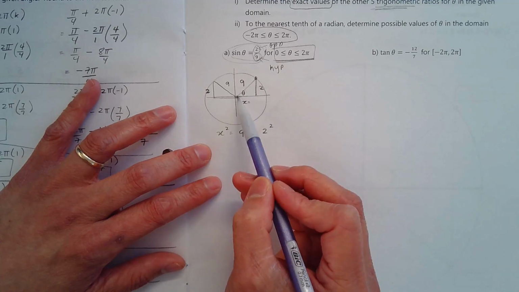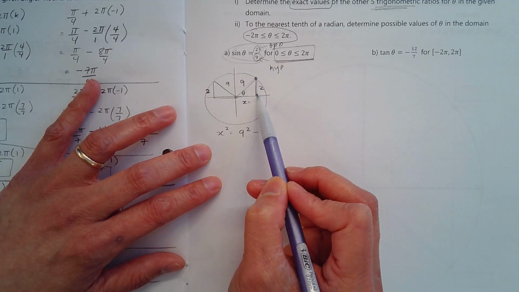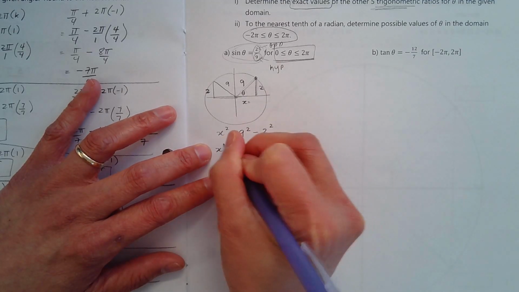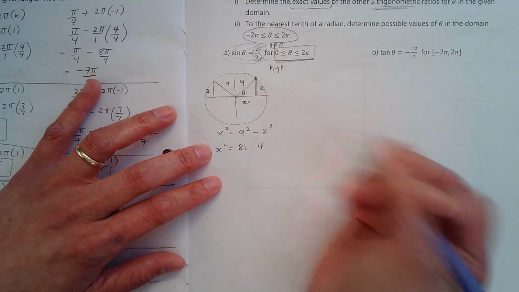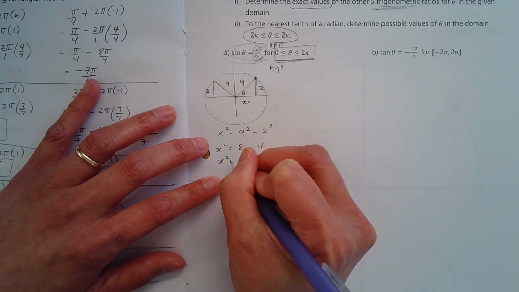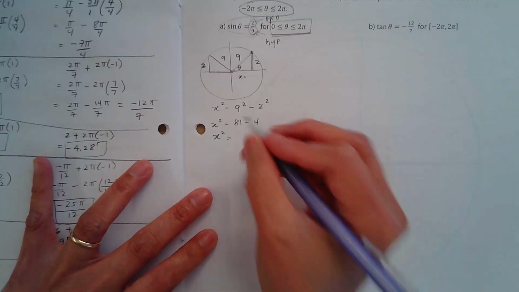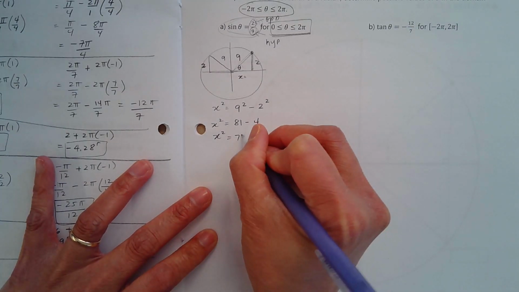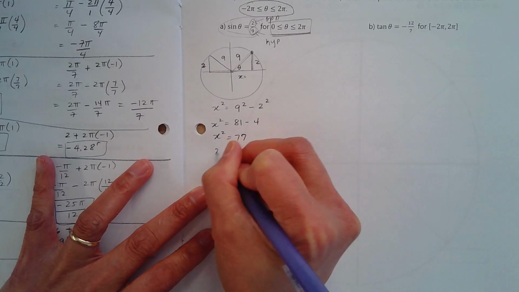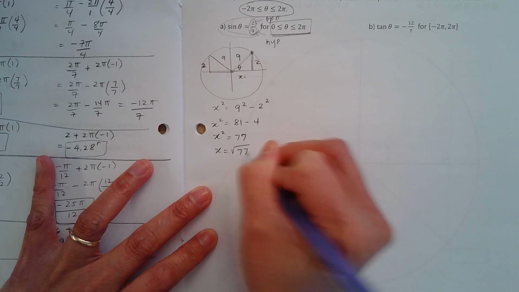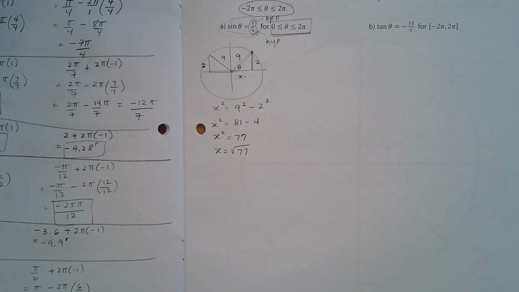Hypotenuse squared minus 2 squared. It's going to give you x squared equals 81 minus 4. So x squared is 77, so x equals the root of 77.